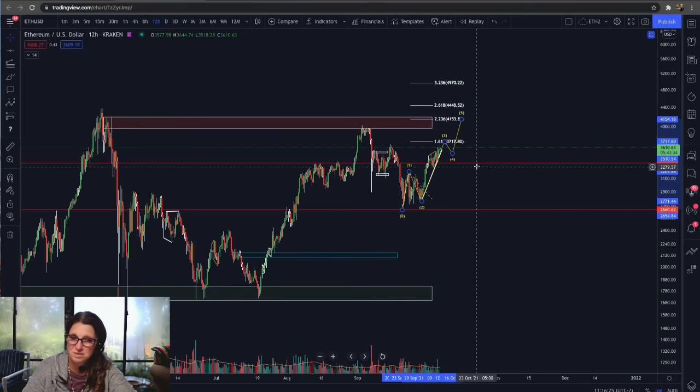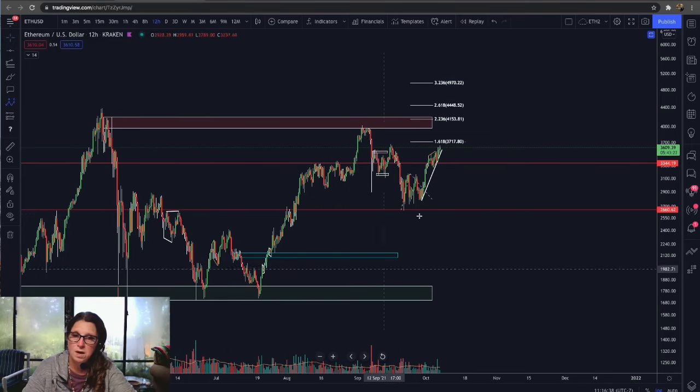If it doesn't do this, and we just come up and hit the 1.618 and then roll over, I'm going to be looking at this as an ABC. Okay, it's got to get past this 1.618.